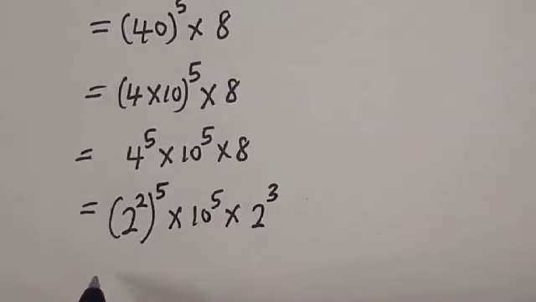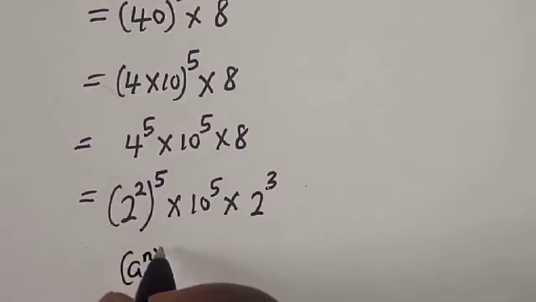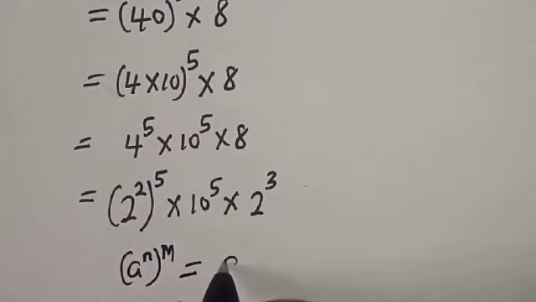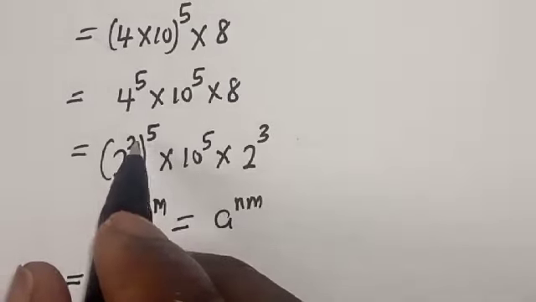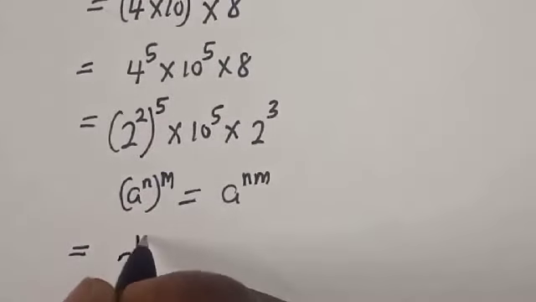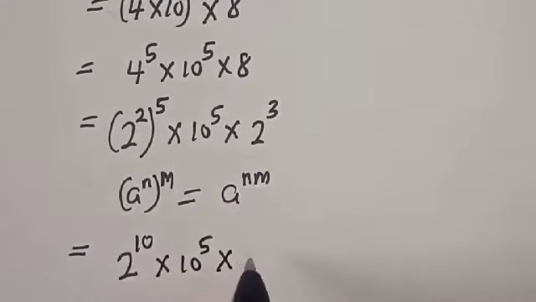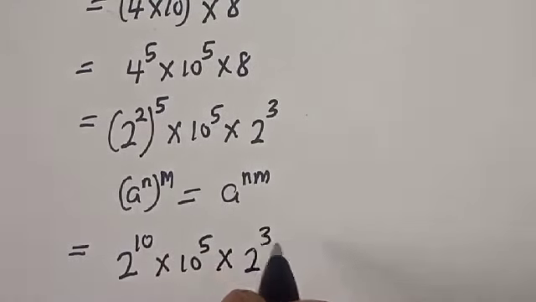Then remember this rule that a raised to power n to the power of m is equal to a raised to power n m. 2 raised to power 2 times 5, that is 10. 2 raised to power 10 multiplied by 10 raised to power 5 multiplied by 2 raised to power 3.